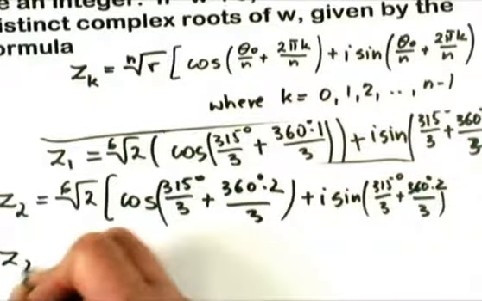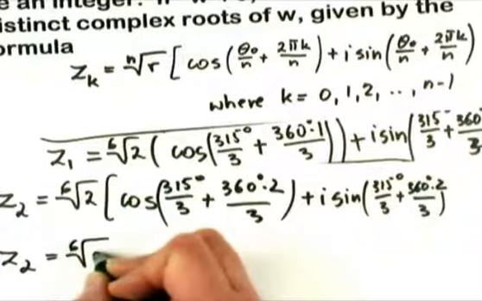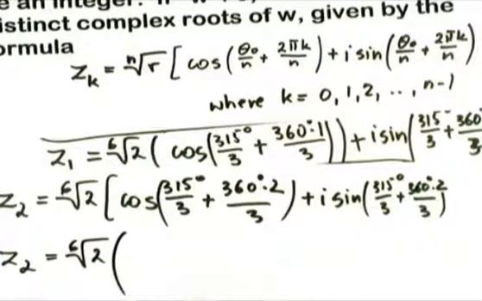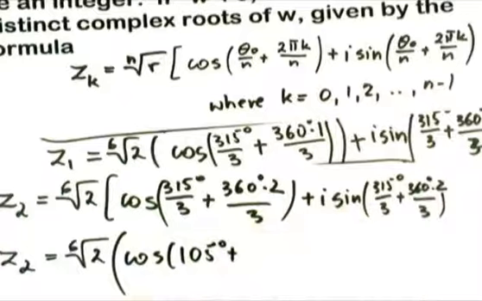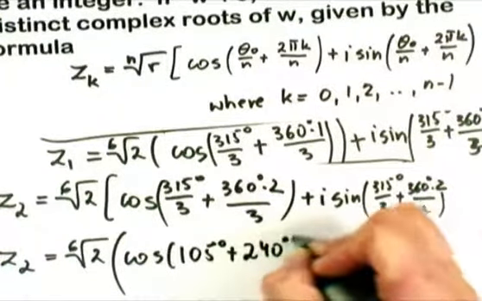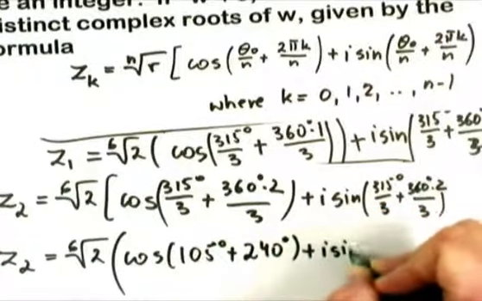So z2 is the sixth root of 2, and we can get everything from the calculator. 315 divided by 3 is 105, and then 360 times 2 divided by 3 is 240, plus i sine the same story.